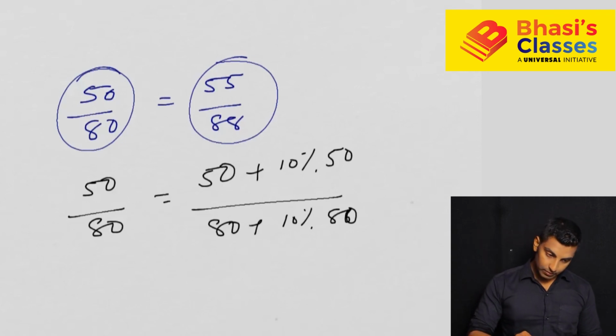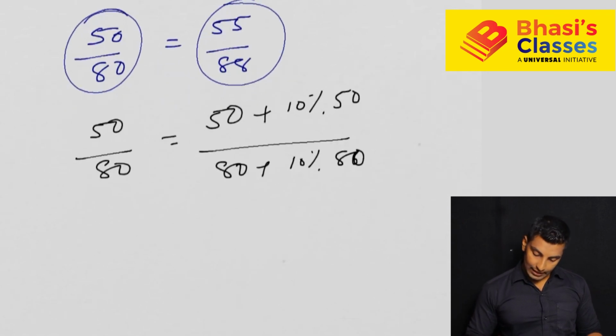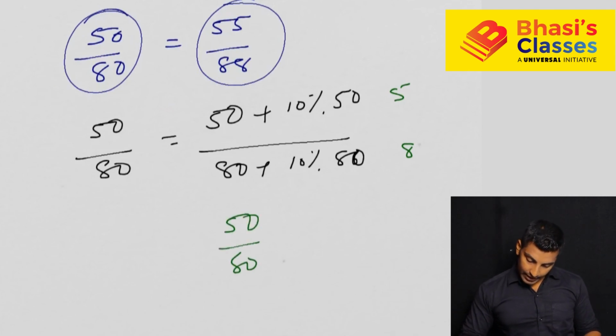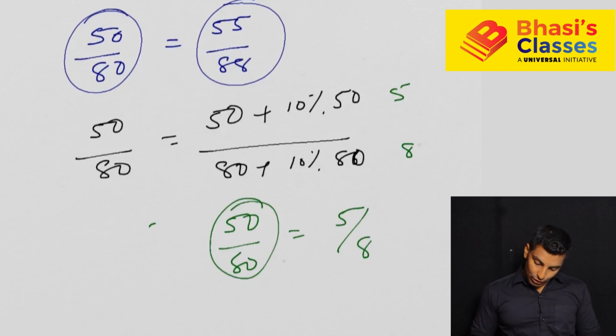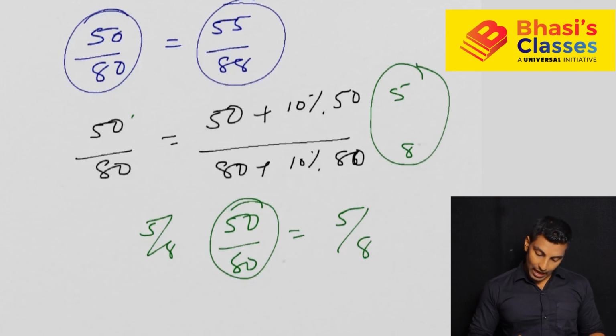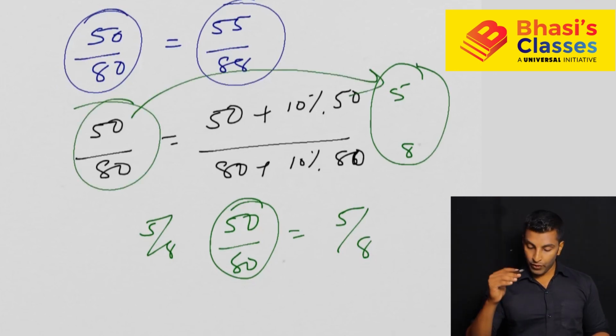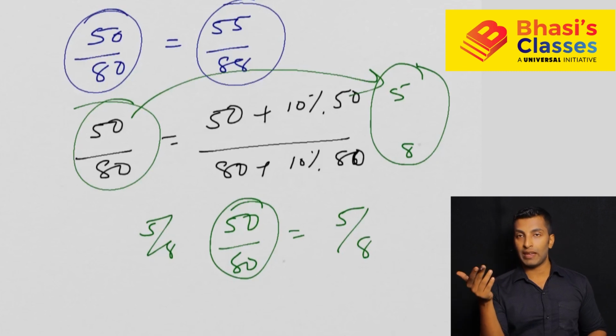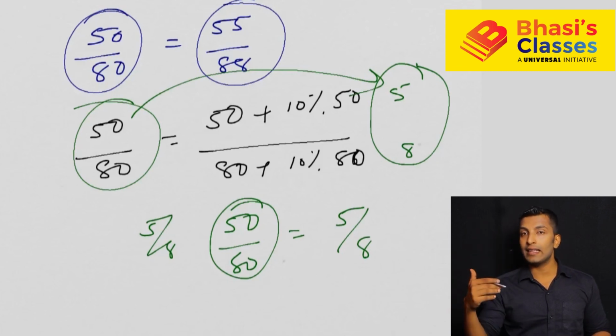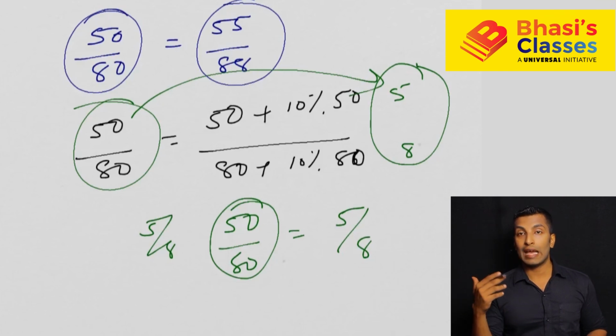Now 10% of 50 is 5, and 10% of 80 is 8. Now here if you observe, 50 by 80 is equal to 5 by 8. So what you added is actually the same as the given ratio. So if you add 5 by 8, the ratio remains unchanged. If you add 10 by 16, that is 20% of both, then also the ratio remains unchanged.